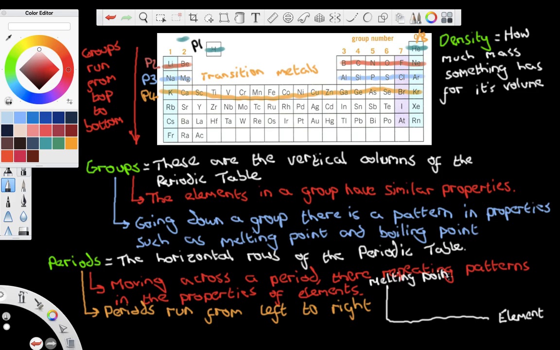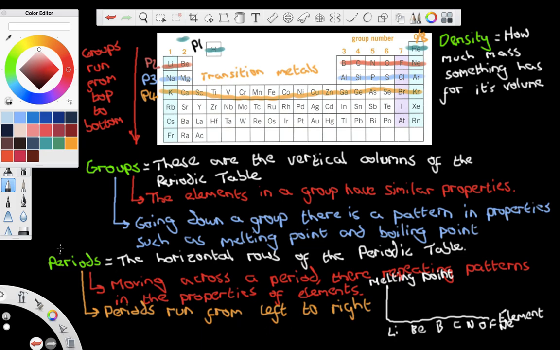If we were to do this for period 2, we've got lithium, beryllium, boron, carbon, nitrogen, oxygen, fluorine, and neon.